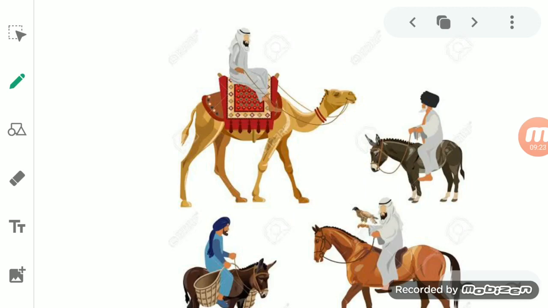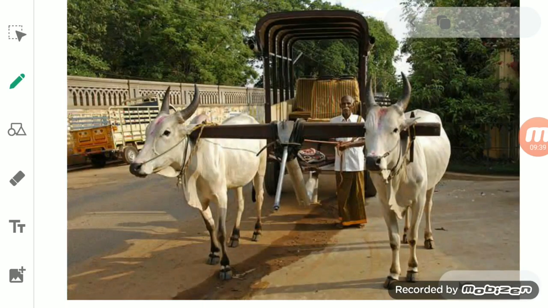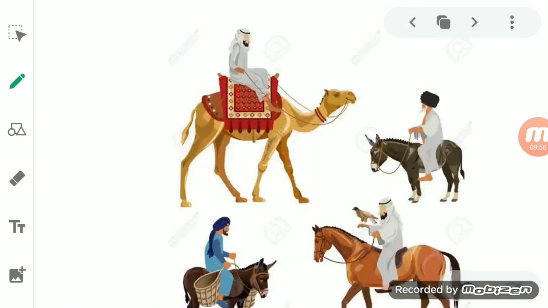So before going further, we should understand the history of transport. Today we have various means of transport to move from one place to another. But how did this evolve, and how were people able to move from one place to another in earlier times? In ancient times, people did not have any means of transport.